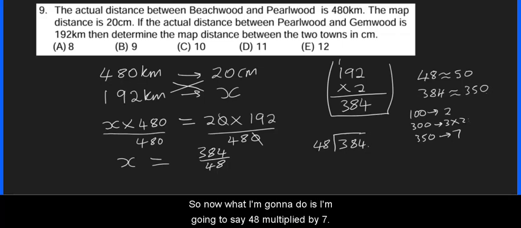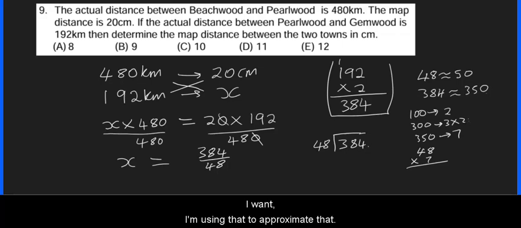So now what I'm going to do is say 48 multiplied by 7. I'm using that to check the approximation. So 7 times 8, what is 7 times 8? I know 7 times 7 is 49.